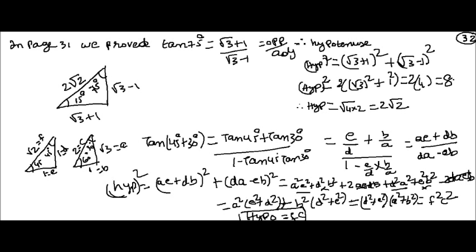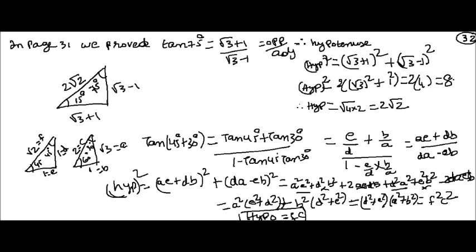So if you note down tan of 45 degrees plus 30 degrees in terms of two right angle triangles where we have angles 45 and 30, and substitute the values, which represent the opposite sides, then we can see the opposite side of tan of two angles is nothing but AE plus DB.